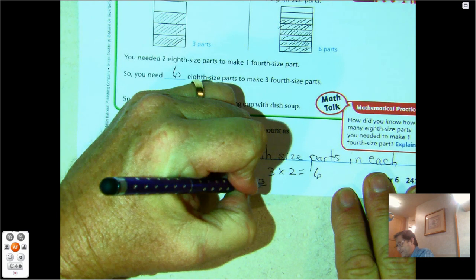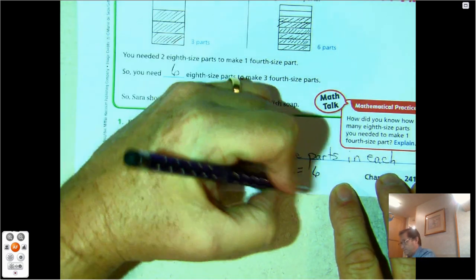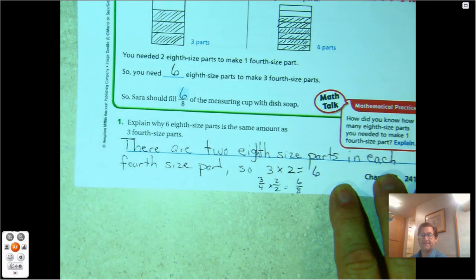So it would look like this. 3/4 times 2 over 2 would give us 6/8.